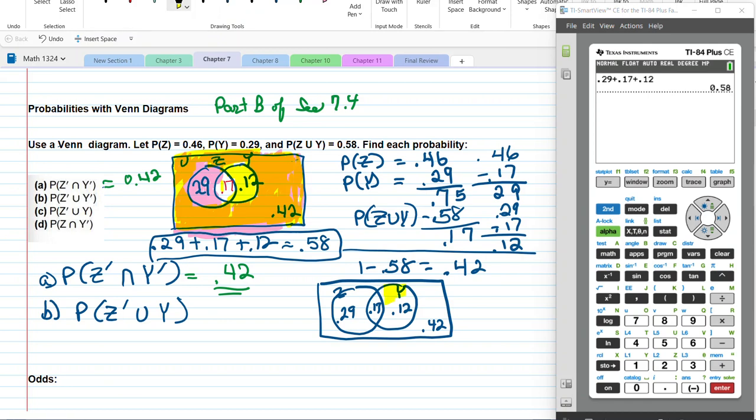everything that is not Z in the Venn diagram. There we go, all of that. And then they want union with, plus, not Y. And I forgot my hyphen, sorry.